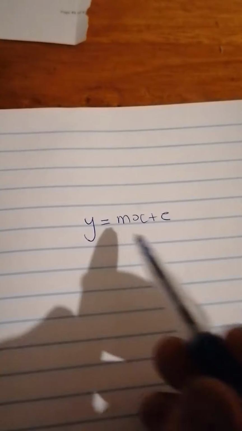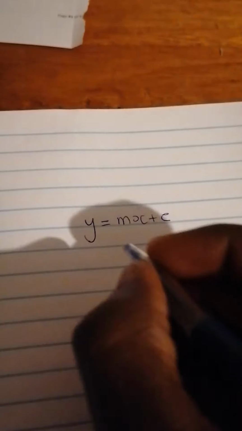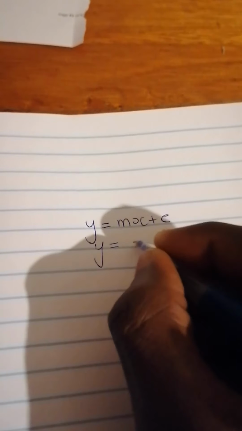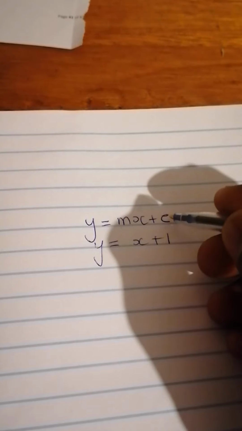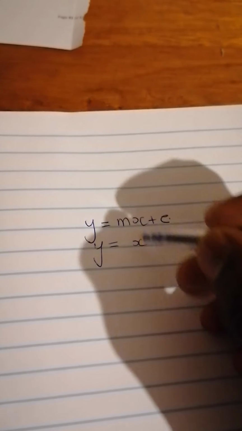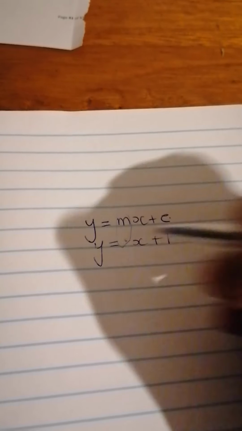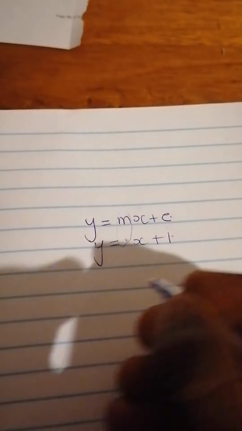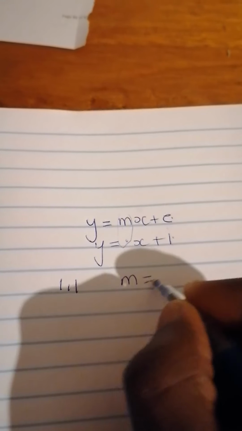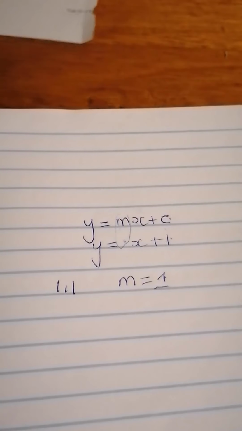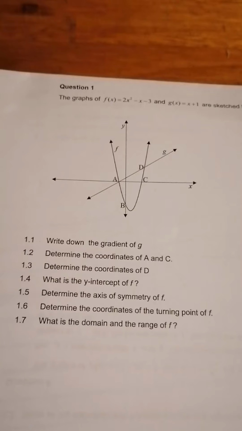The m stands for the gradient, and the c stands for the y-intercept. We are given y equals x plus 1, meaning our gradient is 1 and our y-intercept is 1. So the gradient for 1.1 is 1.